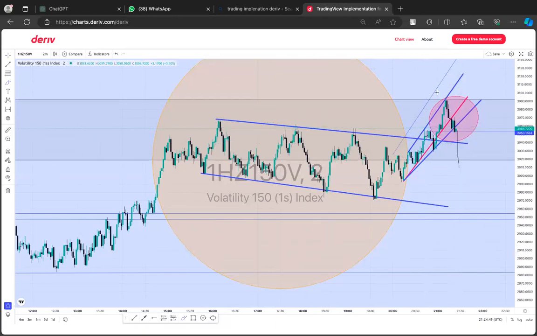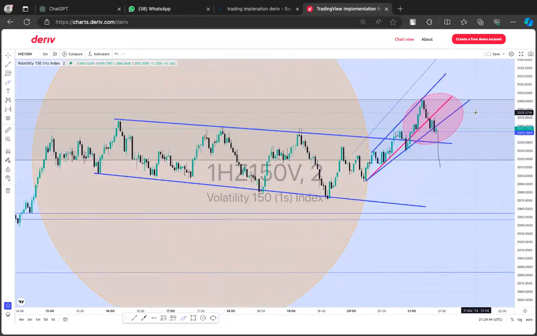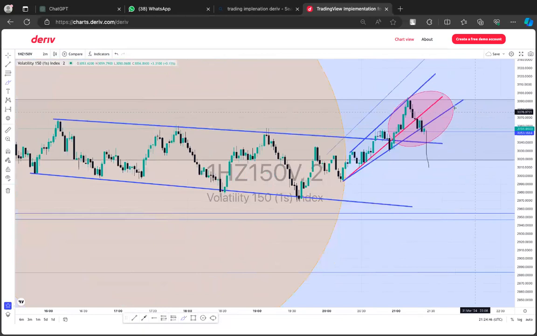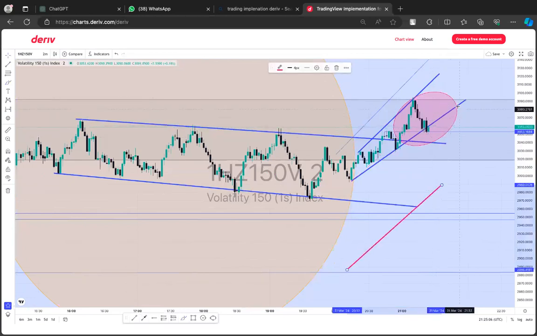Now, we will go deep to a lower time frame again. Okay, we can still figure some things out in this time frame. After the knowledge that there was a bullish breakout, let me now redraw this.